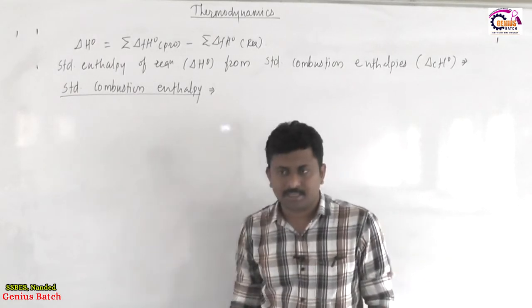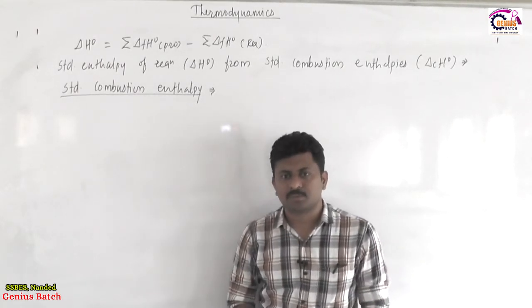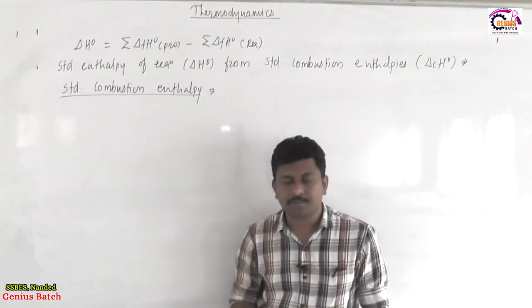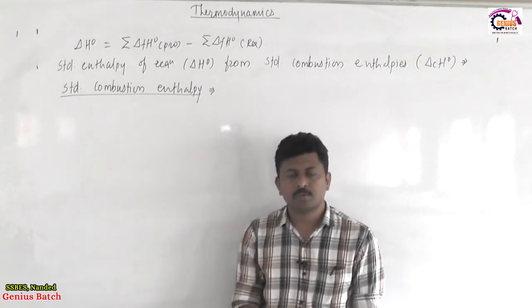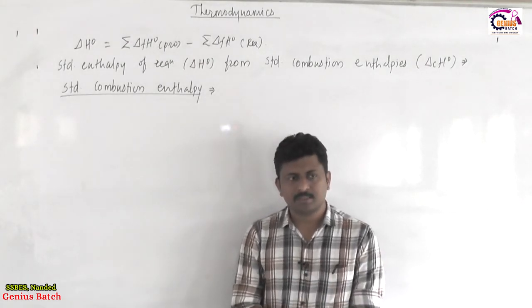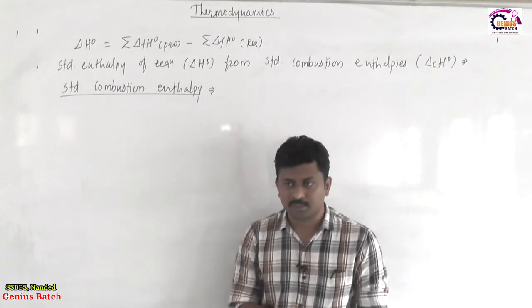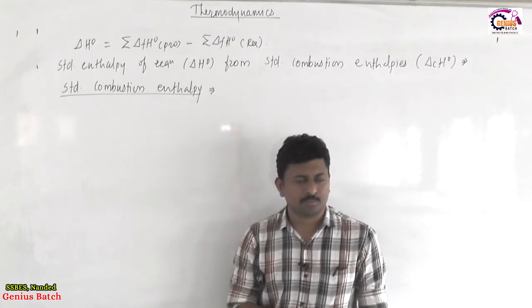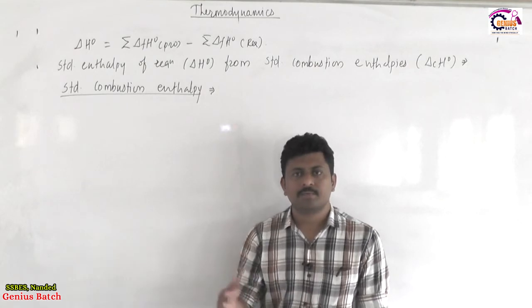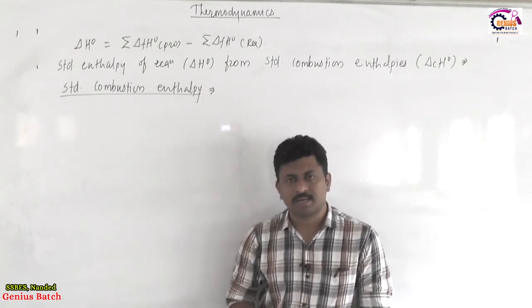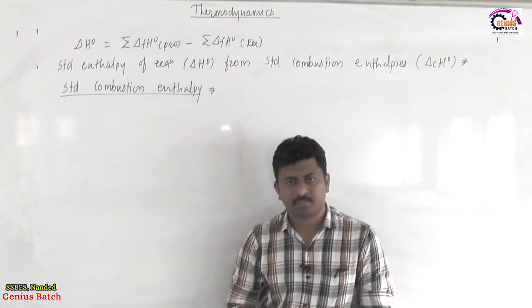Combustion is basically a reaction of a substance with sufficient or excess oxygen to produce simple products like CO2 or H2O. Reaction of a substance with excess of oxygen to give a simple product is called a combustion reaction. Clear?